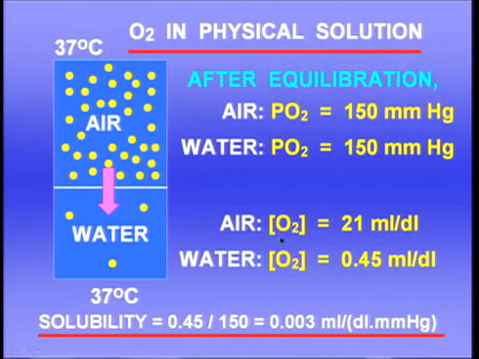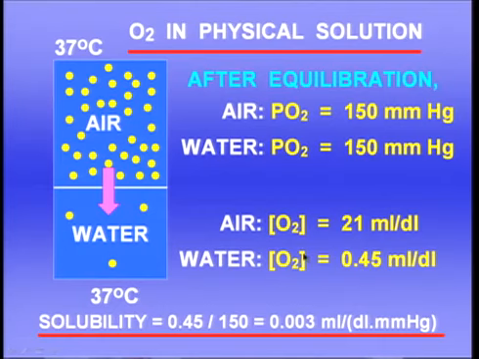Not useful questions. The only way we can think of the partial pressure of a gas in a liquid is as the partial pressure of the gas in equilibrium with the liquid. So that's a very important concept. Now, we saw that the concentration of oxygen in air is 21 mils per deciliter. What about the concentration of the oxygen in the liquid?